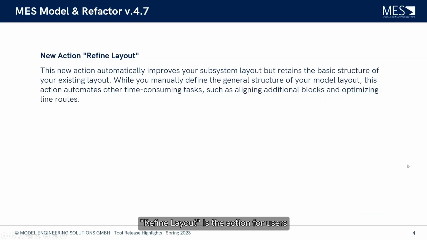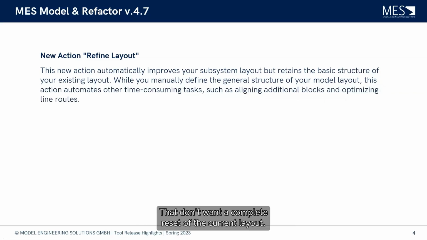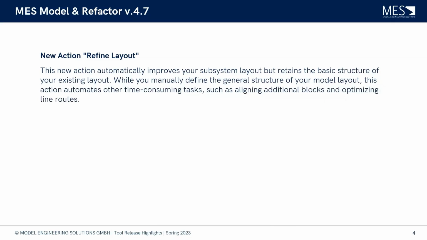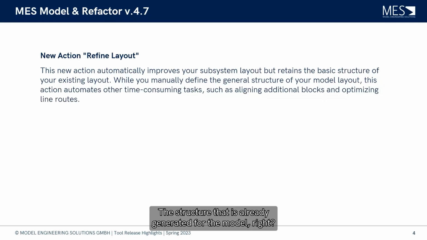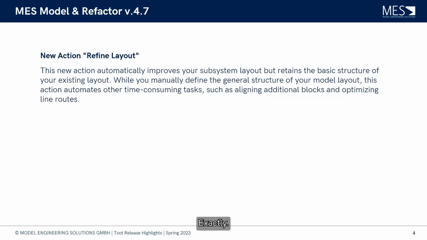Refine layout is the action basically for users that do not want to have a complete reset of the current layout, what the automated layouter does as a function, but rather want to take into account the structure that is already generated for the model, right? Exactly.